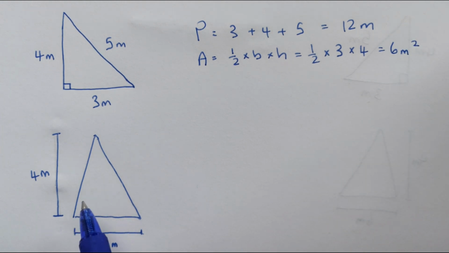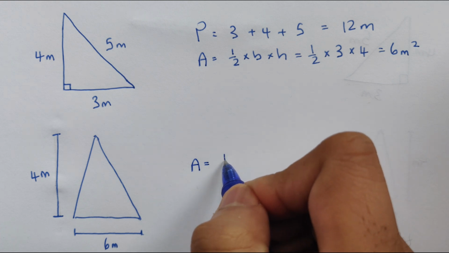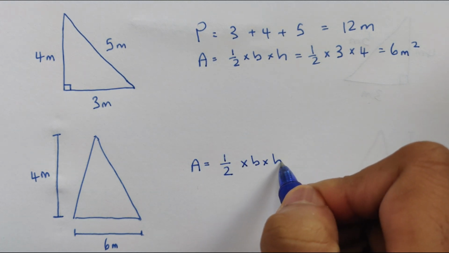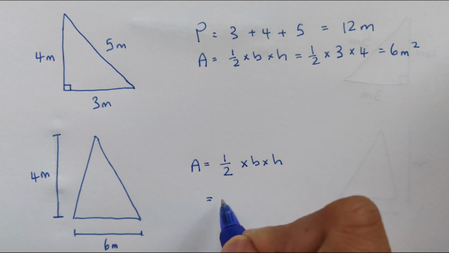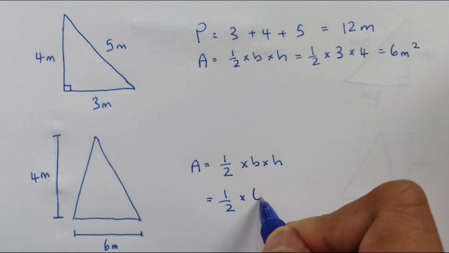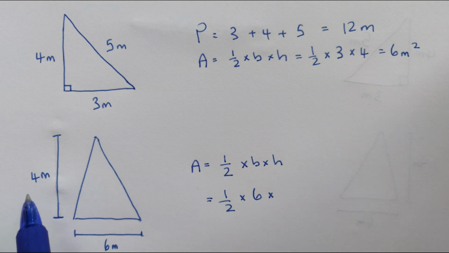Now let's look at calculating the area of this triangle. So we know the area is equal to 1/2 times the base times the height, which equals 1/2 times the base. So 1/2 times the base of 6 meters. So we had the 6 here, times the height, which is 4 meters.